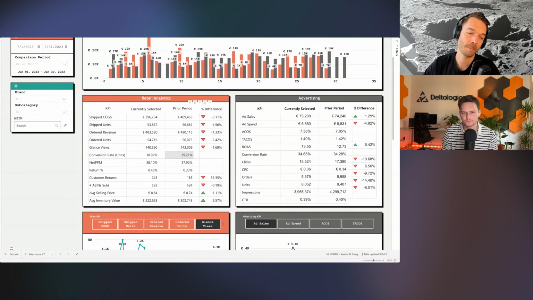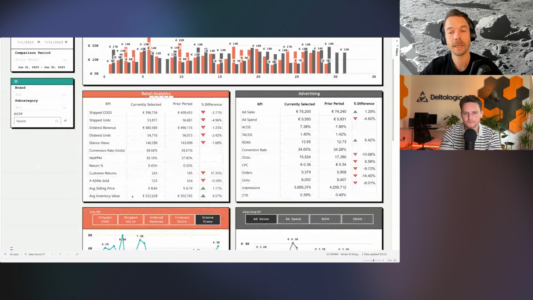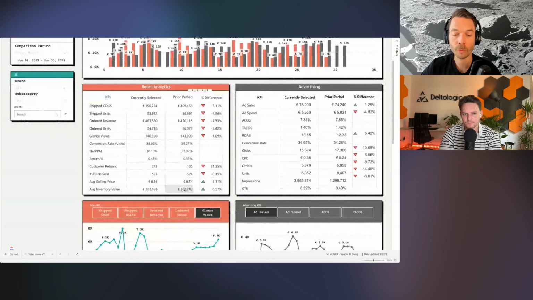Also, one that's really important is the average inventory value. This helps me identify whether we have enough sellout in relation to the demand in the market, and whether there's something we need to do in order to reduce it. Especially when we look back at the same time of the year last year, many vendors were complaining, oh, Amazon is not ordering anymore, so we really worry about our business on Amazon.